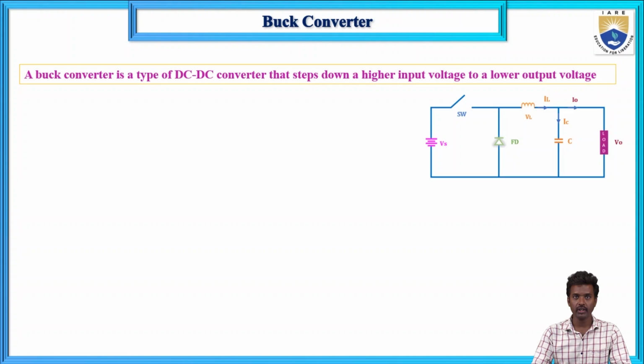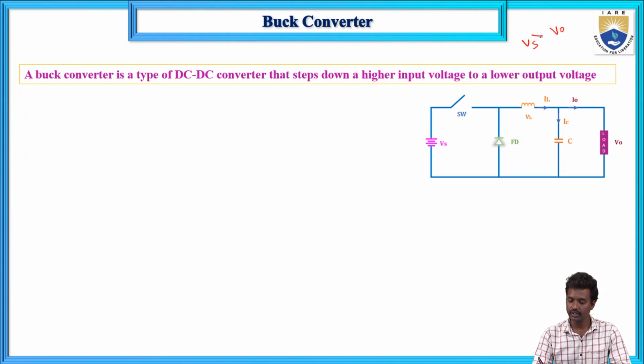First, the buck converter definition. A buck converter is a type of DC to DC converter, that means a chopper, that steps down: the higher voltage is the input voltage and the lower voltage is the output voltage. Here Vs is the supply voltage and V0 is the output voltage.